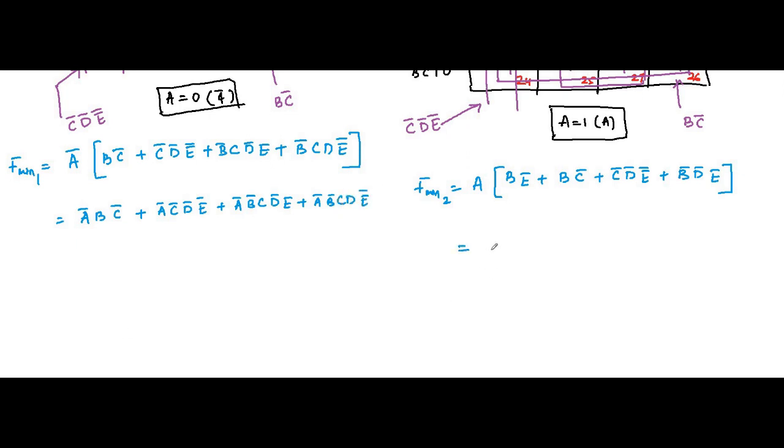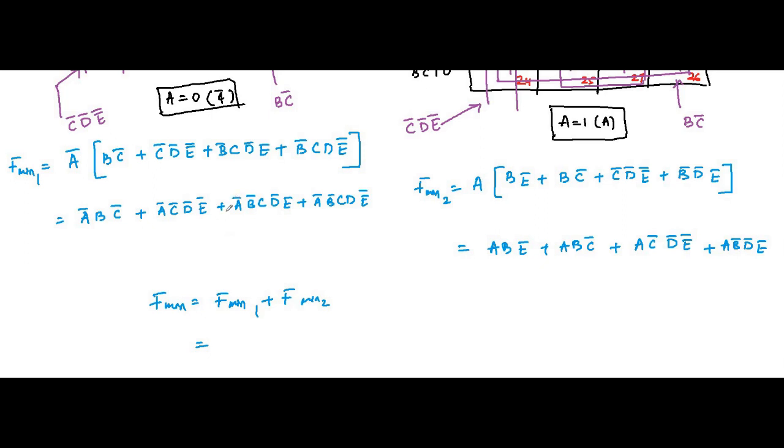Here it will be A B E, or A B C bar, or A C bar D bar E bar, or A B bar D bar E. The final minimized Boolean expression is F min 1 or F min 2, which is this.